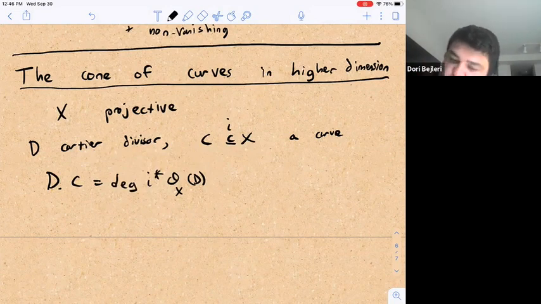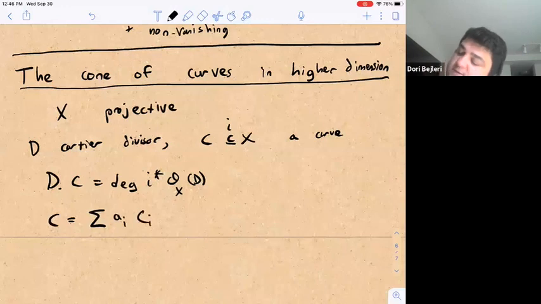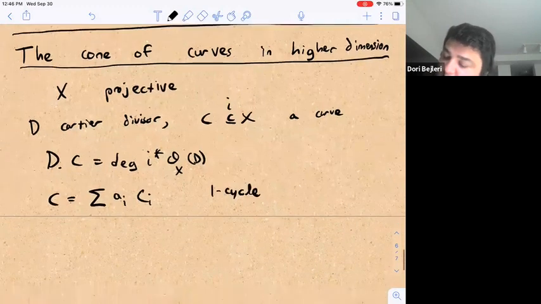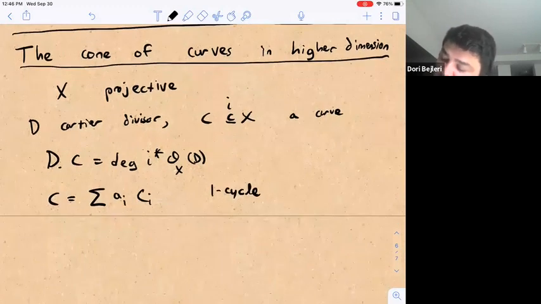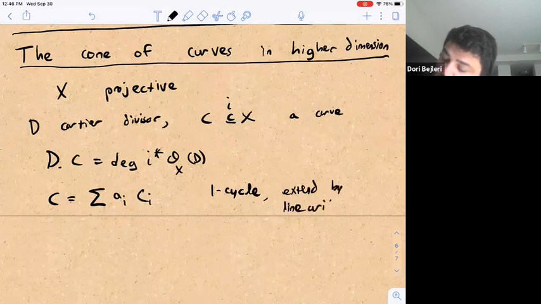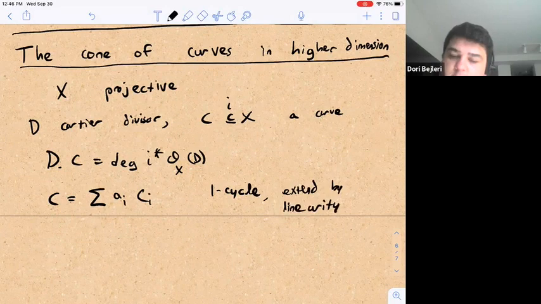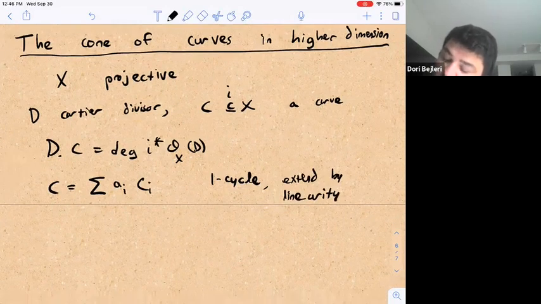So then if we just have some formal combination of these curves, i.e. a one cycle, then we can extend this intersection by linearity. And we can define numerical equivalence of curves now.